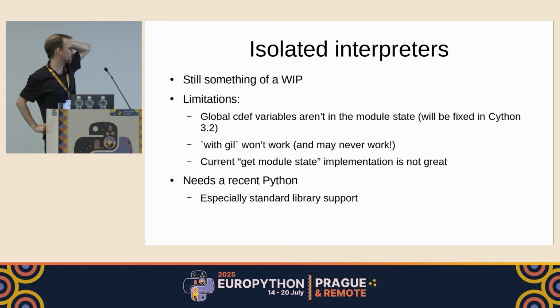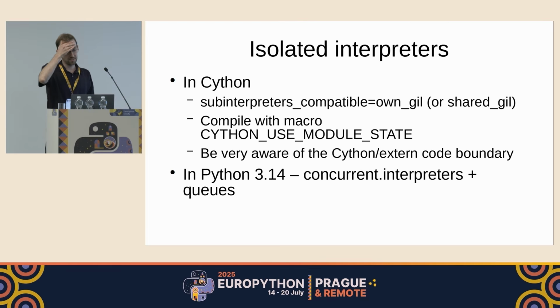The main thing is that requiring the global interpreter lock from an arbitrary function may never work, because you've got to know what interpreter you're requiring it from. And it needs a recent Python, especially for standard library support. In Cython, it's fairly similar. You've got a subinterpreters compatible directive which says what you want to be compatible with.